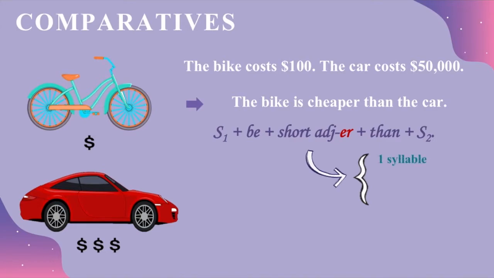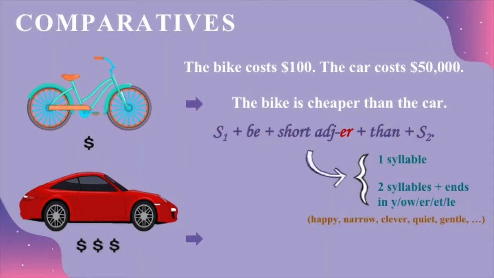For example, cheap, rich, fat. Or an adjective that has two syllables but ends in y, ow, er, et, or le. For example, happy, narrow, clever, quiet, gentle.